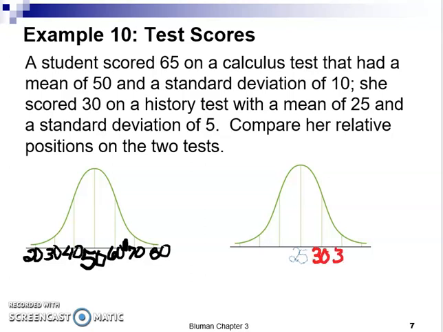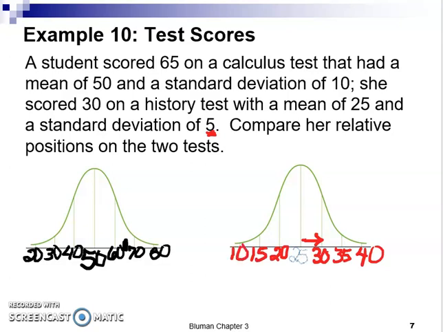This is 35. And 40. Because the standard deviation is 5, that means this distance from the mean to the first standard deviation is 5 units. And we go in the opposite direction the same way. So here we have a score of 20, 5 more to the left, 15, and 10.